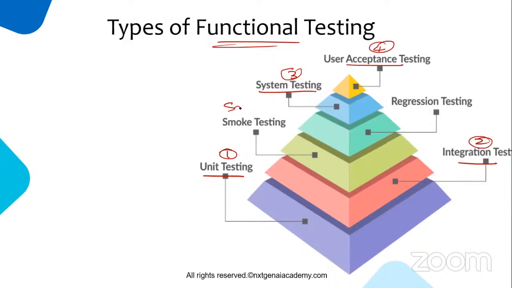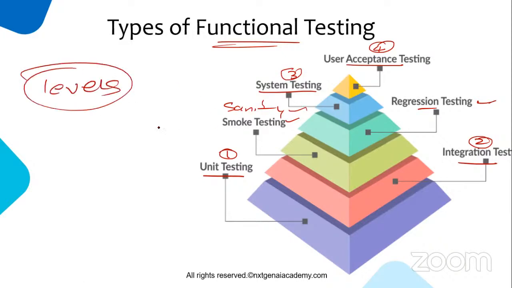After smoke testing there will be sanity testing, and after sanity we will have regression testing. So these are all the types of testing I have inserted. That is a part of testing. But when we talk about levels, we have only 4 levels: unit, integration, system, user acceptance. We will see every level and every type. In that, I'm going to insert the sanity, smoke, regression, all of that.